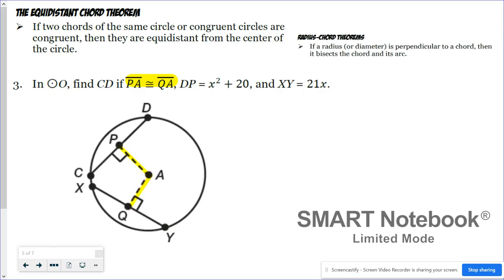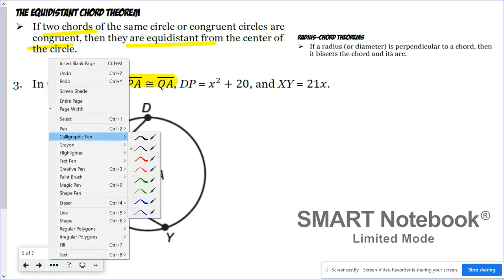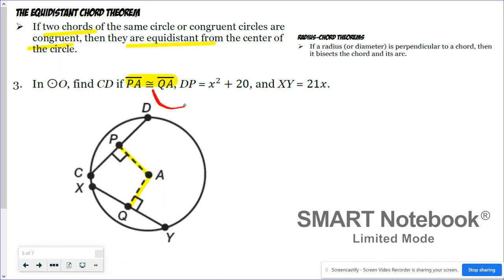Okay, and so we know that two chords are congruent when they are equidistant. So because we were told they were equidistant, we can conclude that chord CD is congruent to chord XY. That's what we can conclude. All right, and we want to find CD. Ultimately, that's what we want to find.